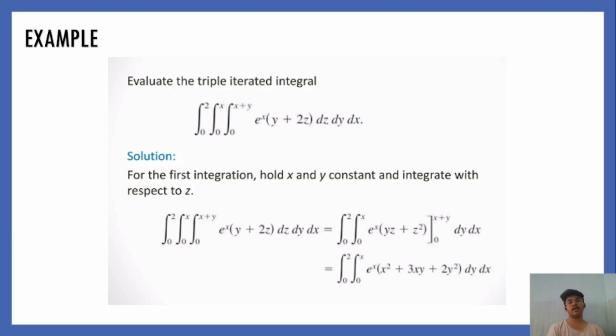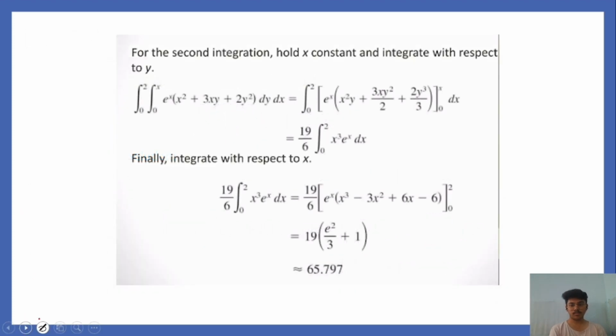Let's take an example. Evaluate the triple integral of this problem. Here, keeping x and y as constant, integrate with respect to z. So let's first take this condition and integrate it. Once after integrating this, we'll get an answer. Then, let's hold x as constant and integrate with respect to dy.